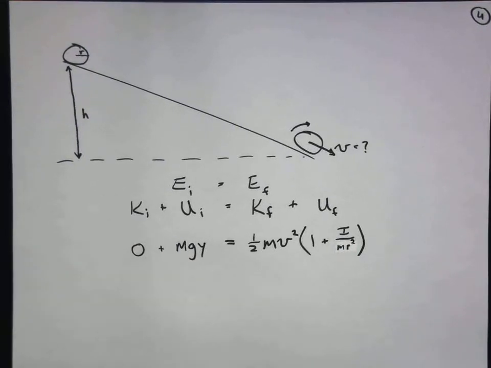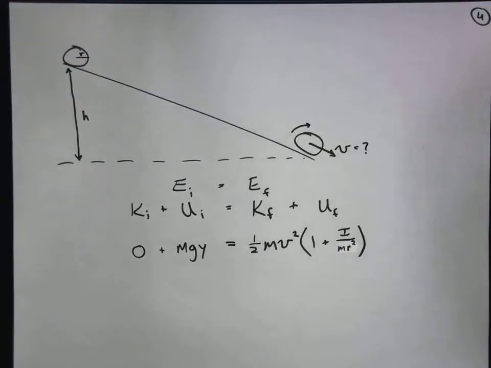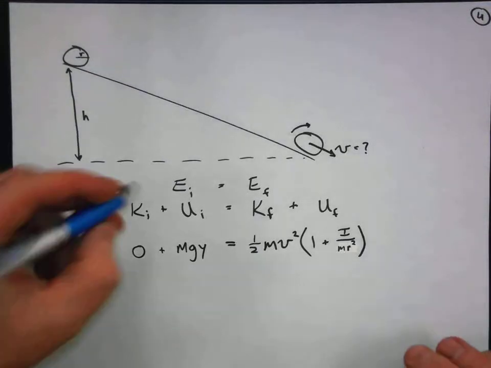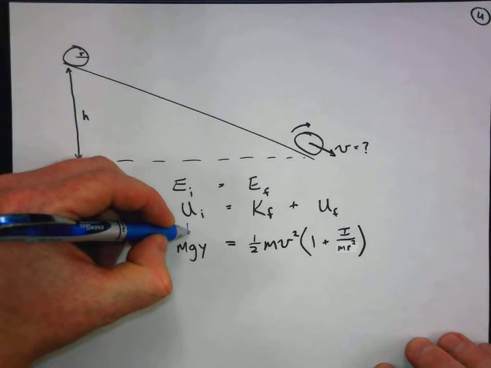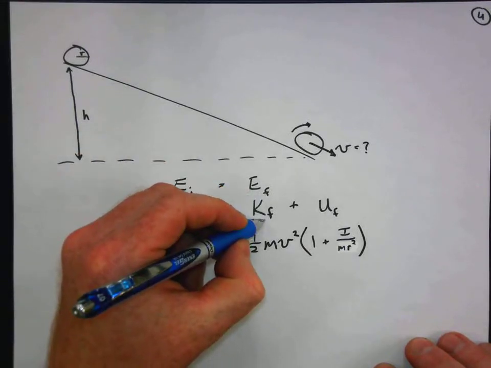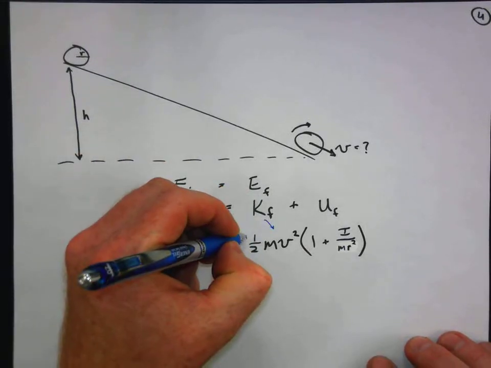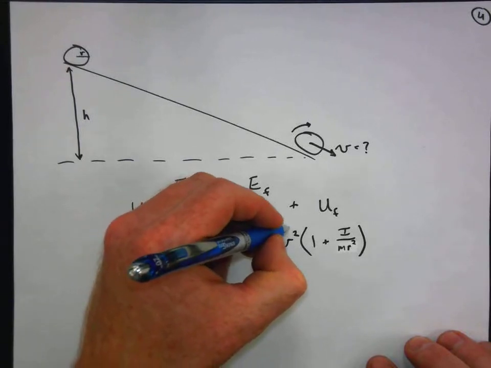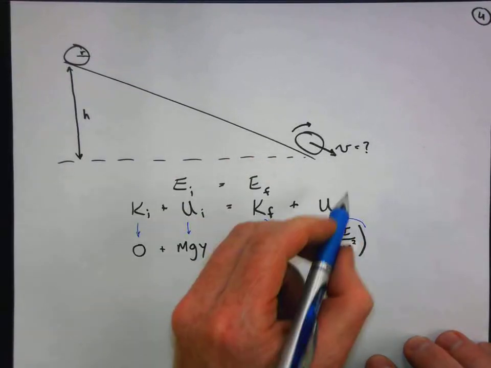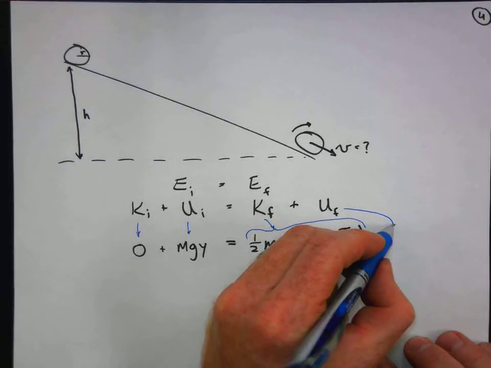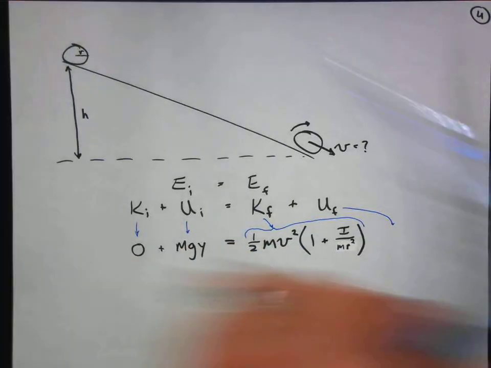But this is only the one term, right? That gave me this guy. That gave me this guy. This gives me that whole thing right there, the whole deal. And so this potential energy must give me some other term.